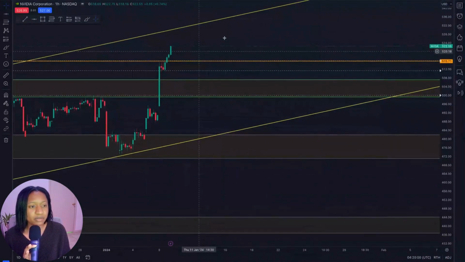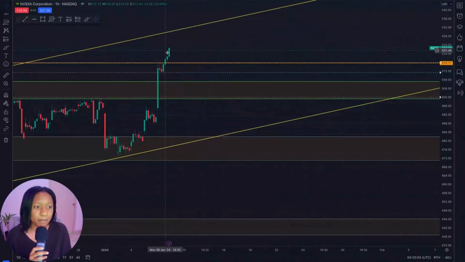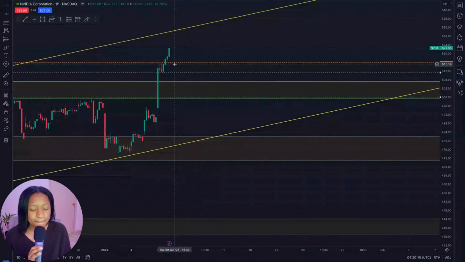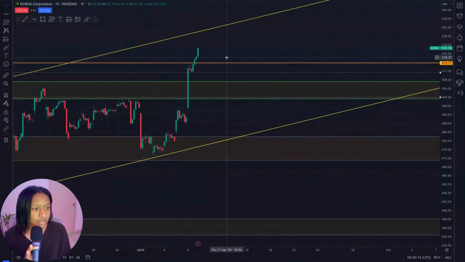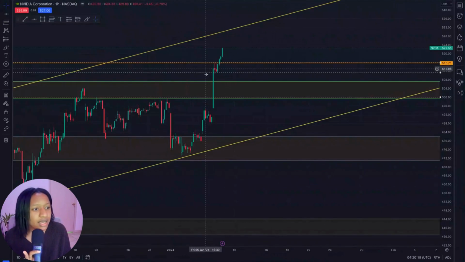I'm hoping and trying to have faith that the price will go all the way up here and reach this point before coming back down. Also, you have to look into news. Oh yeah, and I could also put a line here as well, since there was a bit of support right here.